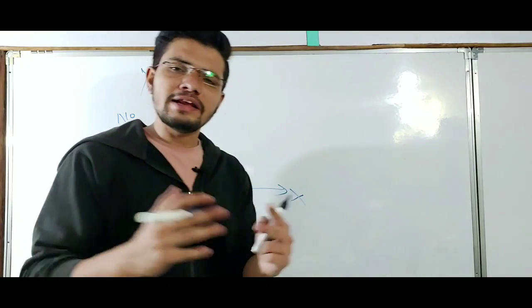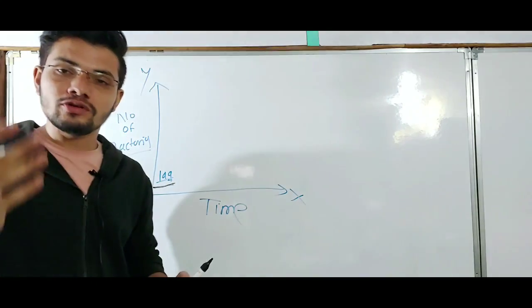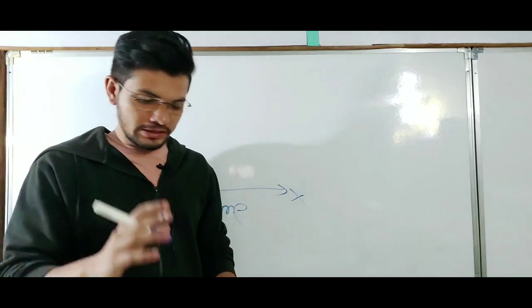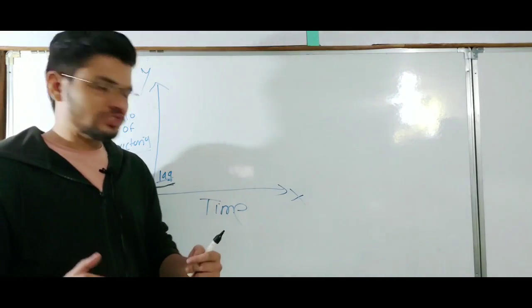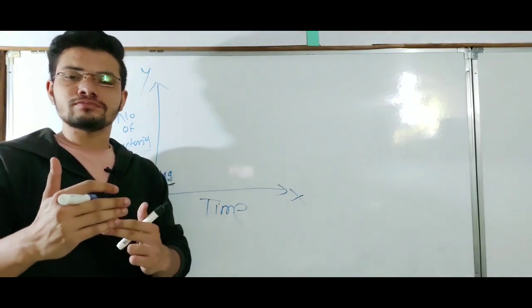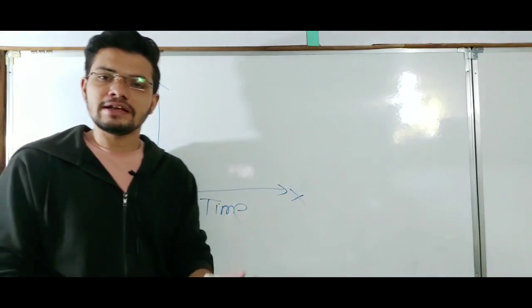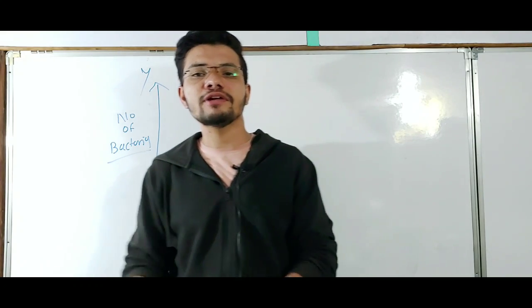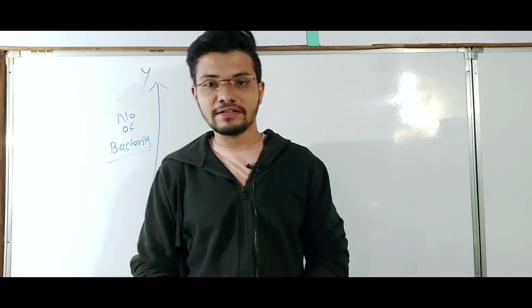I will make another video on binary fission, how bacteria reproduce. But they reproduce by binary fission, and their number increases by double. So if there are 100 bacteria, they will divide to form 200 bacteria. 200 will divide to form 400 bacteria.